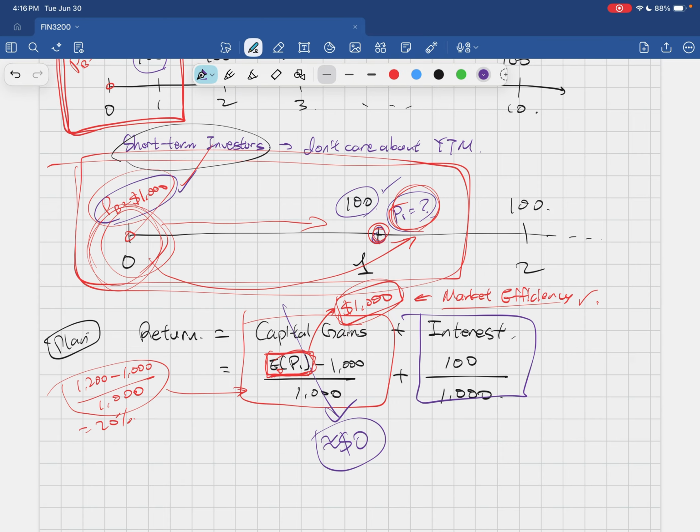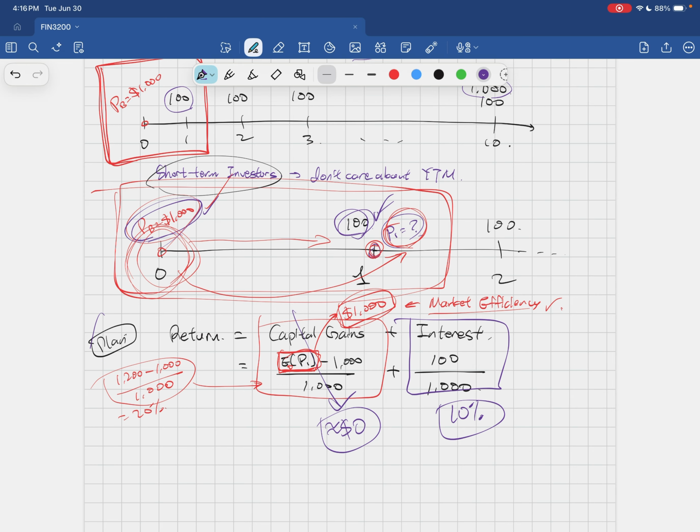It's a 10% return, because the bondholder knows what coupon payment they're gonna get, and they already know how much they're paying for the bond. So the expected return for a short-term bondholder, if we focus on this time frame, is just 10%: the annual coupon over the price of the bond.